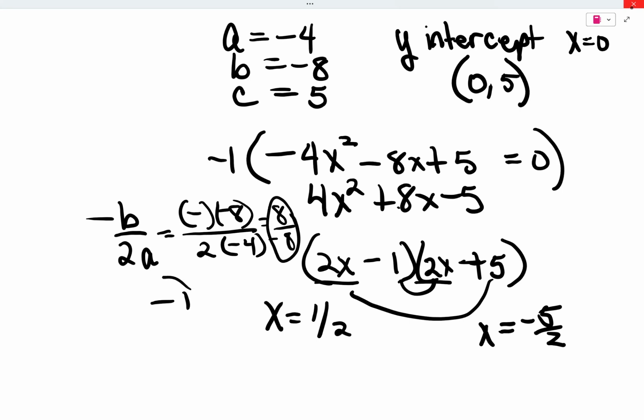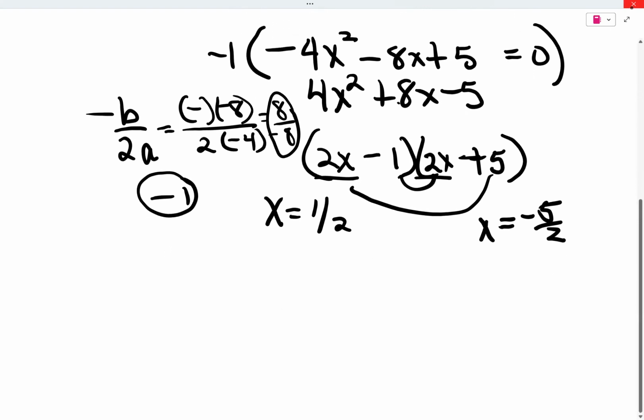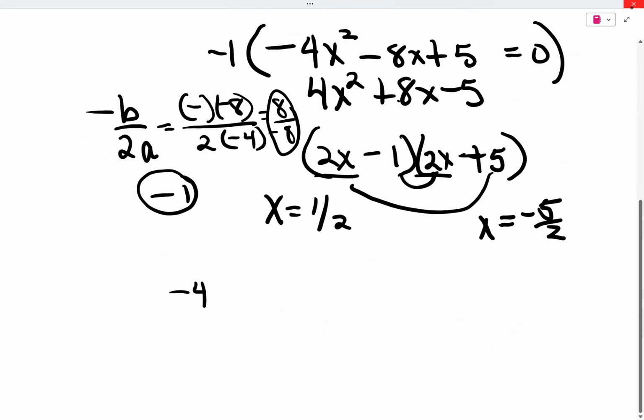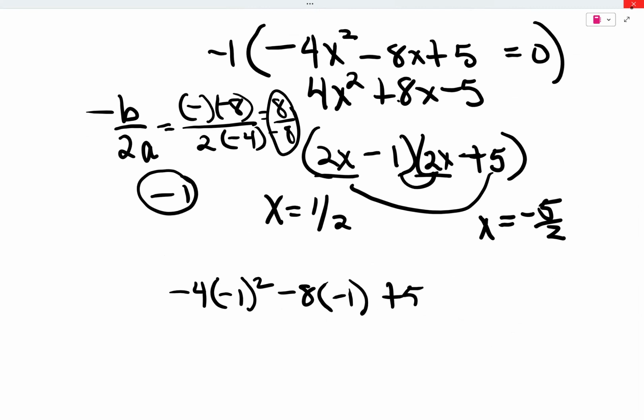If you take this same number and throw it back into the equation, then you have negative 4 times negative 1 squared minus 8 times negative 1 plus 5. So if we do the math here, this is negative 4 times 1, which is negative 4, plus 8, plus 5.